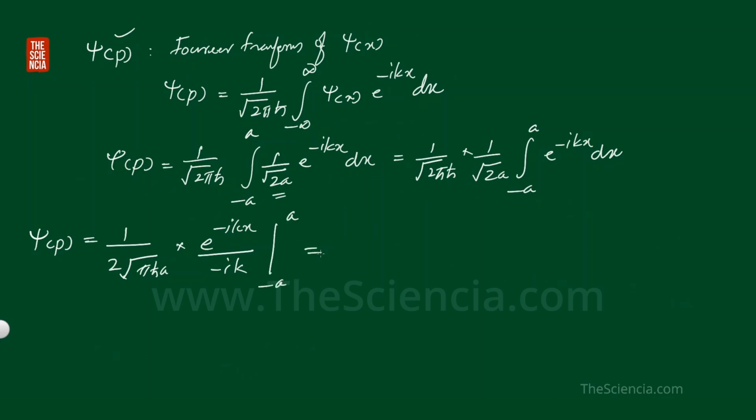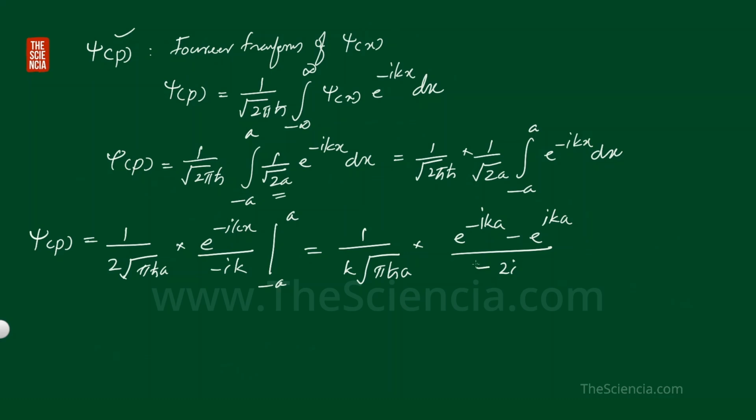Slightly rearranging this equation, that is 1 by k root pi h cross a into, substituting the limits, e raised to minus ika minus e raised to plus ika by minus 2i.